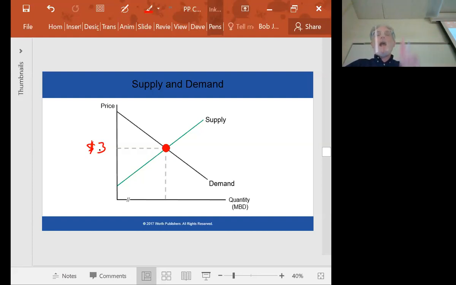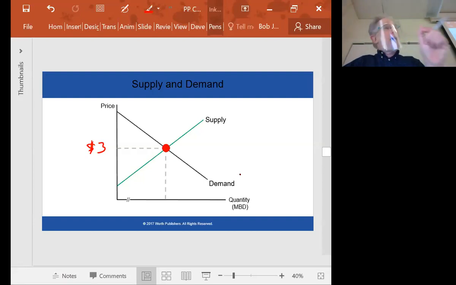One way to think about this is go back to your list of factors that will shift each curve. For demand, one of the factors was population. If you get more people, that means more consumers, demand would shift to the right.